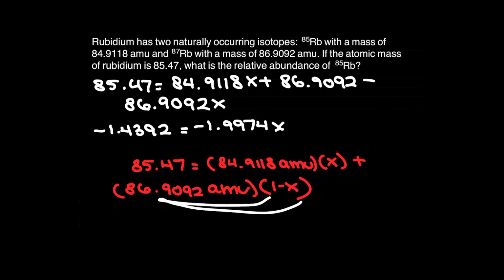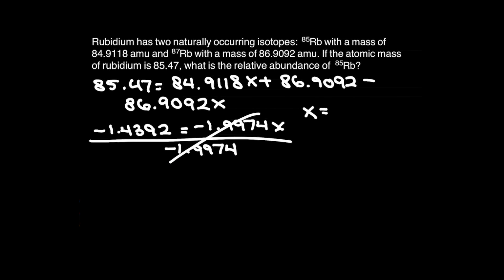And now we divide the whole thing by negative 1.9974 to get what x is equal to. We get x is equal to 0.7205. So that means that, if we remember how we set this up, the 85 rubidium would have an abundance of 72.05%.